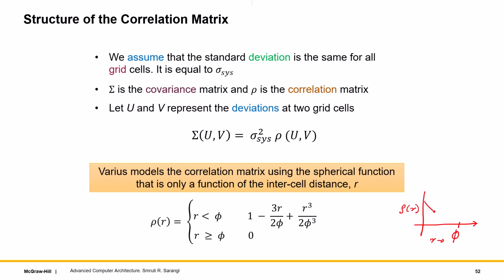It would pretty much look something like this, where it will become strictly 0. So this value, of course, is 1. And then it will become strictly 0 at phi. So what we can see is a reducing correlation with the radius gradually kind of smoothing out to 0 at the end.